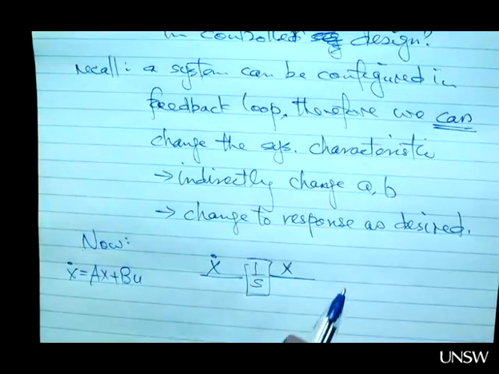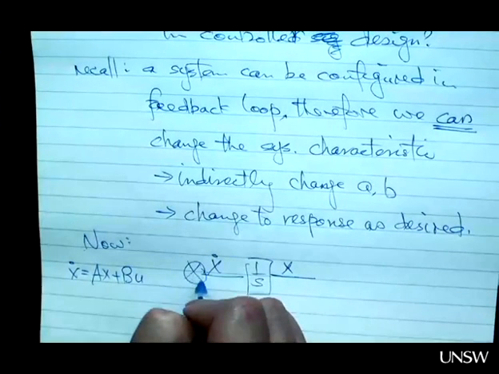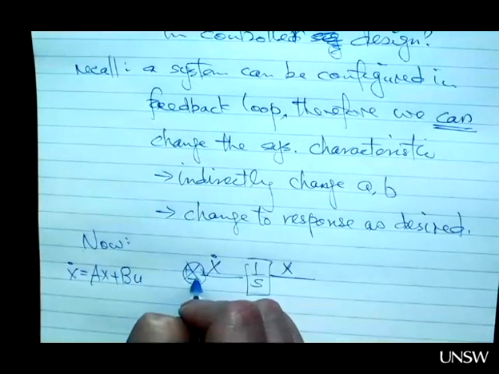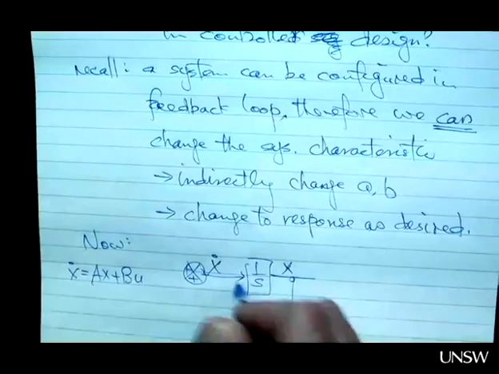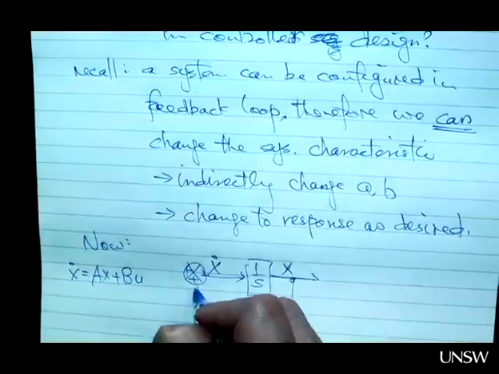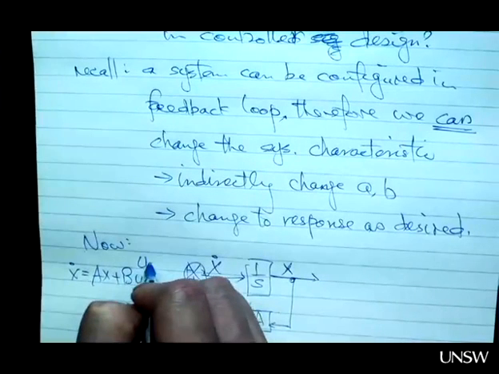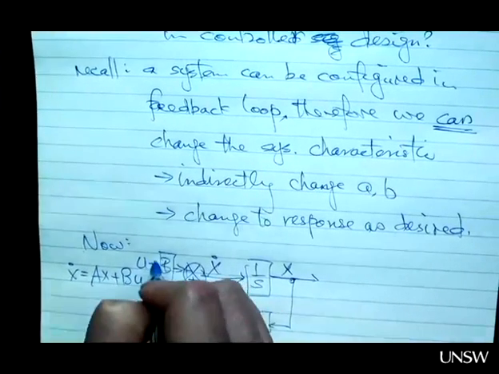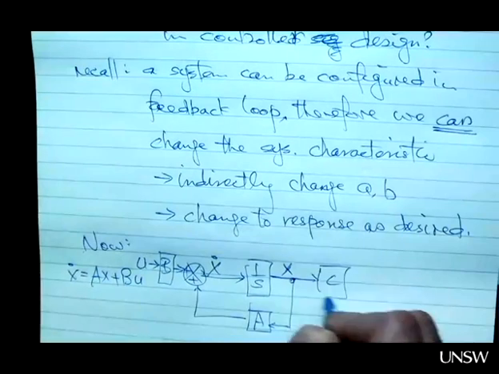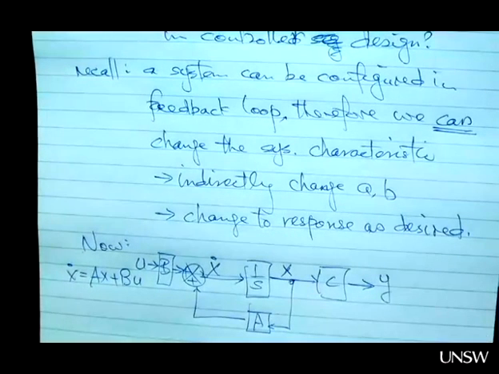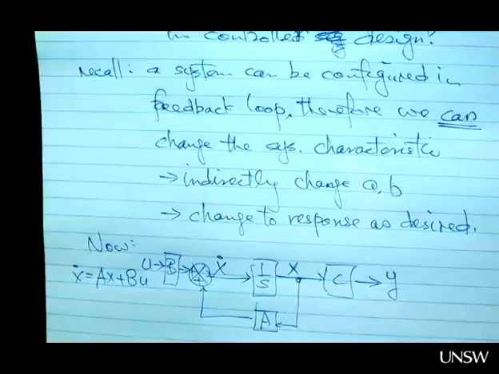So we have plus, and then we have the a, and then we have the u input, and then multiply b. And then if we have the C matrix, and then that is our Y output. Okay, up to here, this block diagram seems very familiar. We just went through it last week. Right.